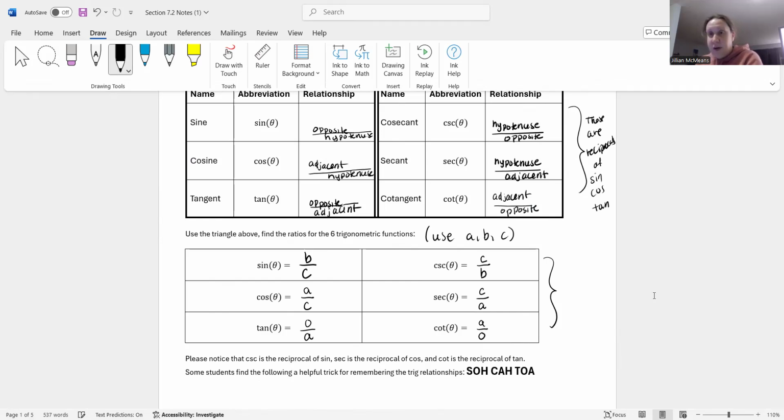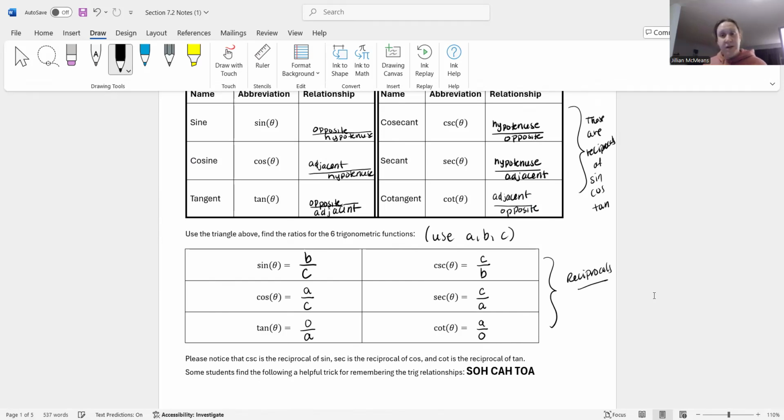And you can see it down here when we're using A, B, and C even better. Notice the reciprocal of B over C would be C over B. So sine and cosecant are reciprocals of each other. Cosine is A over C, secant is C over A. A over C is the reciprocal of C over A, and vice versa. So cosecant and secant are reciprocals of each other. And the same thing is true for tangent and cotangent. So this idea of reciprocals is going to come back up in just a bit.